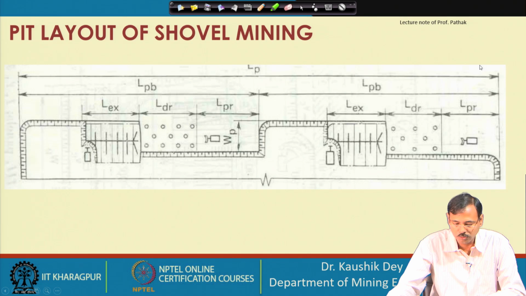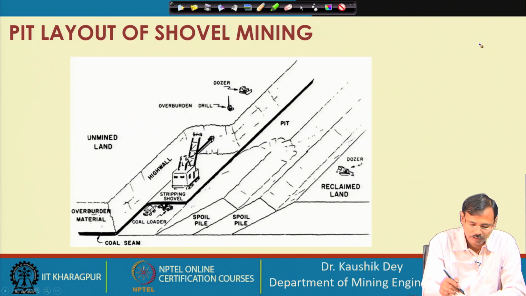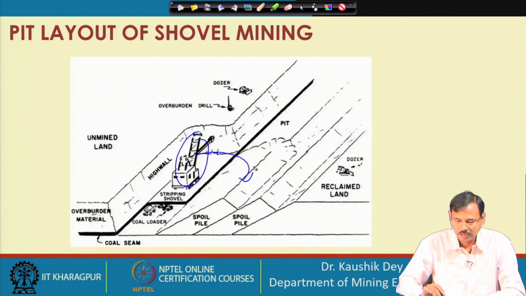This is when two shovels are working, and this is the typical layout we have already seen, which is possible in the case of stripping shovels. Stripping shovels are working at this position, swinging and dumping the material in this dump pit. This is the operation of a stripping shovel.